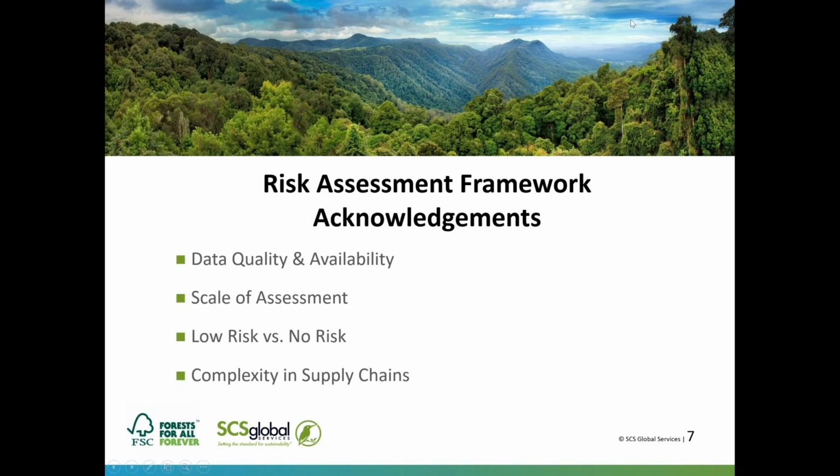Others may be a lot further from the stump, coming back 2 or 3 links in the supply chain. So the complexity is recognized. It's not a one size fits all, and it has been designed in that way so that it can be used depending on location in the supply chain, and different approaches may be necessary.